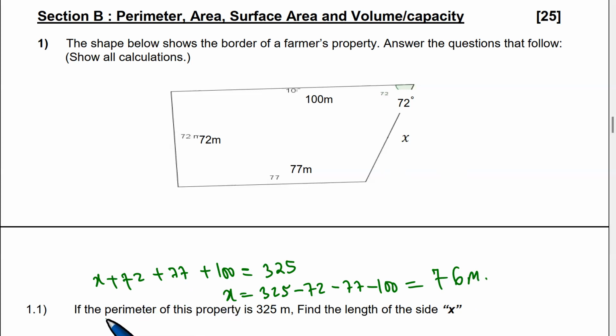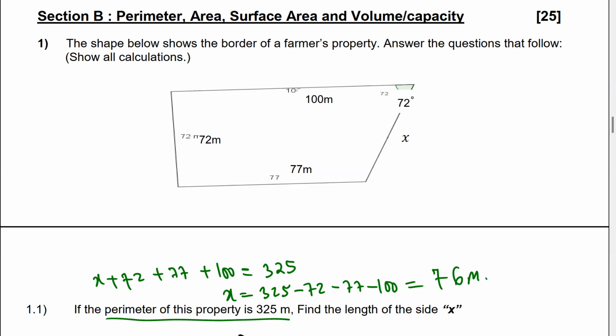Okay, because we're dealing with a perimeter. Perimeter means the sum of the lengths of the sides, but they've already said the perimeter is 325. So if we add all the lengths of the sides, X plus this plus this plus that, it must give us exactly 325. You get the point? Yes, sir.